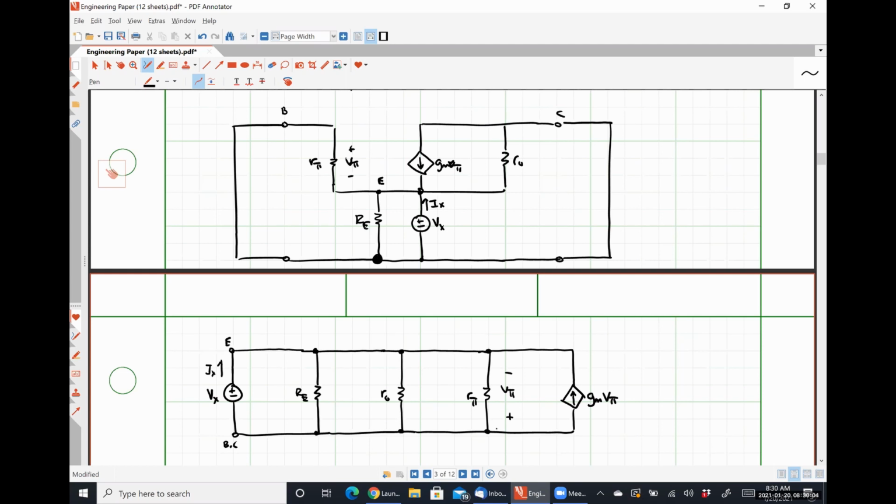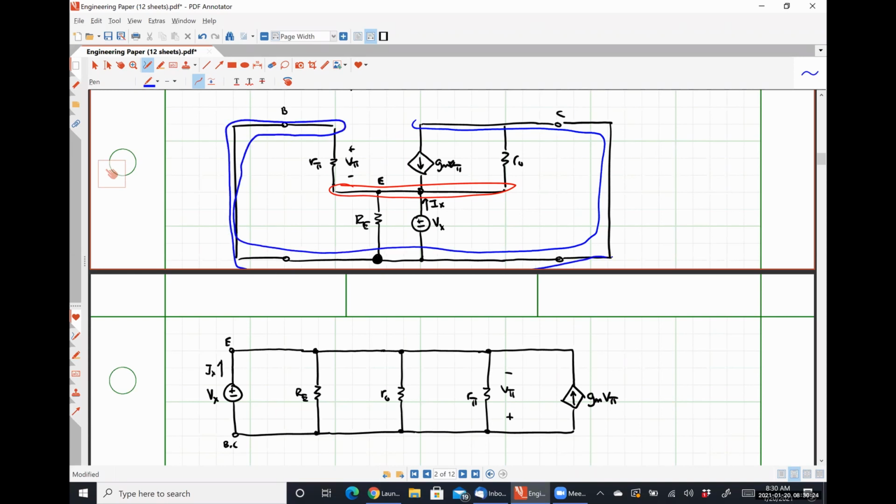So I'm saying that between node E, which is right here, and nodes B and C, which is this guy I've outlined in blue, I have my voltage source, my resistance RE, my resistance R pi, my resistance R naught, and then that current source where the current is flowing from the collector node to the emitter node.